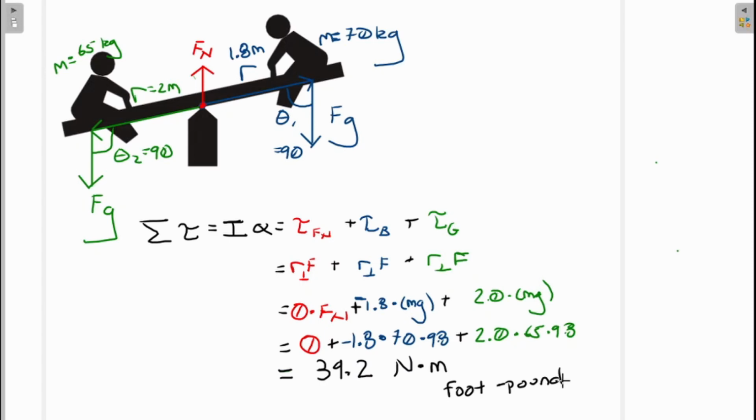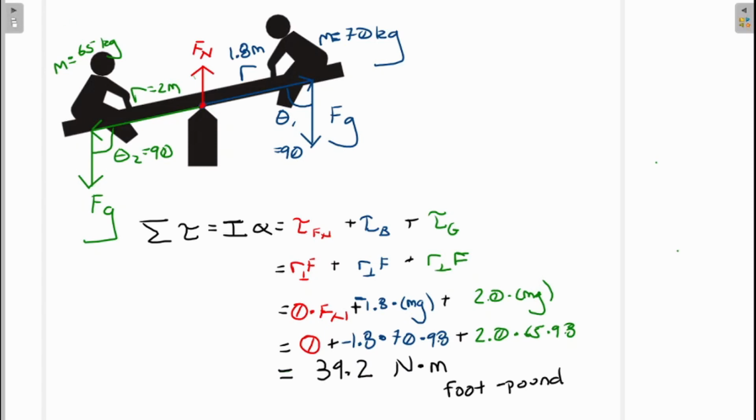Because I didn't know my normal force, I typically wouldn't have been able to solve this problem. But here, by choosing my axis of rotation, by choosing to say I'm rotating around this point here in the center, I made the radius to my normal force 0, which meant I didn't need to care about it.